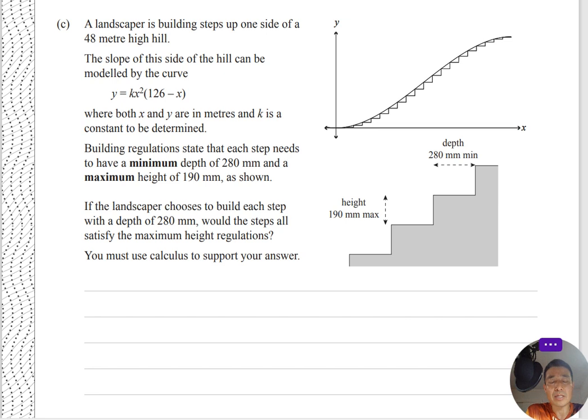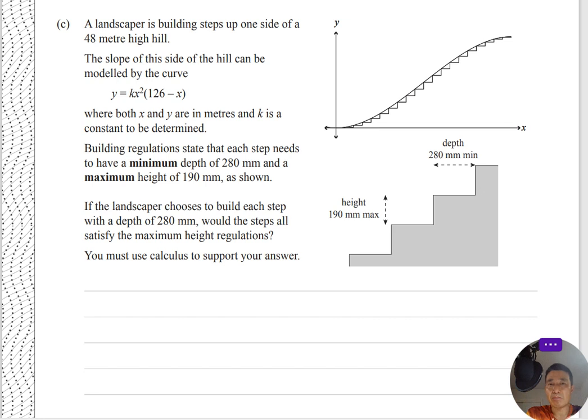Building regulations state that each step needs to have a minimum depth of 280 mm and a maximum height of 190 mm as shown. If the landscaper chooses to build each step with a depth of 280 mm, would the steps all satisfy the maximum height regulations? You must use calculus to support your answer.